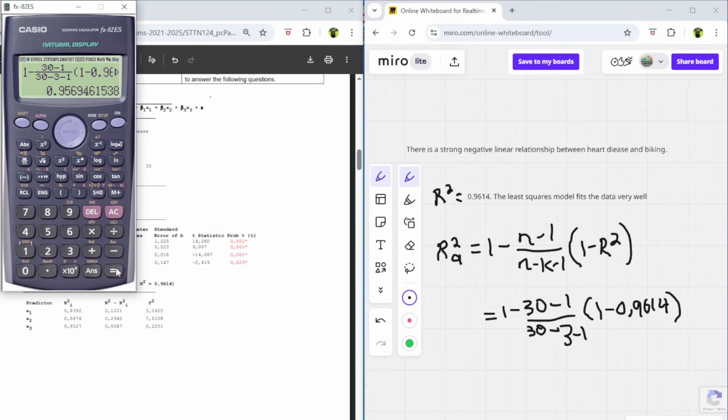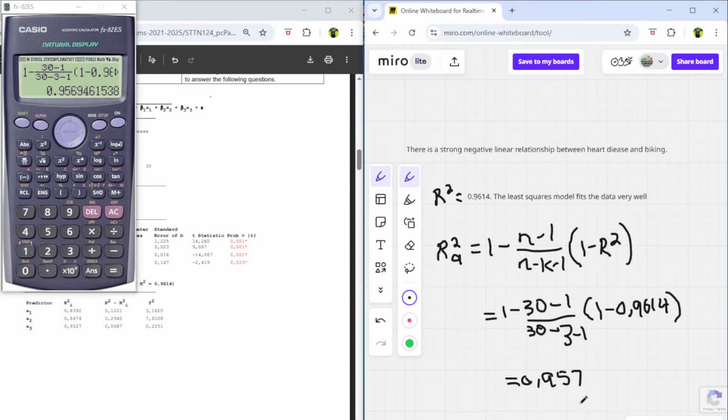Then you get 0.9569. If you want to write it to 3 decimal places, you can say 0.957. That is your answer.